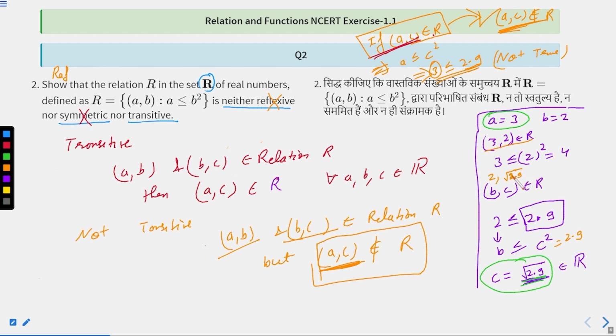So (2, root 2.9) belongs to R. (A, B) belongs to R, and (B, C) belongs to R, as we saw.